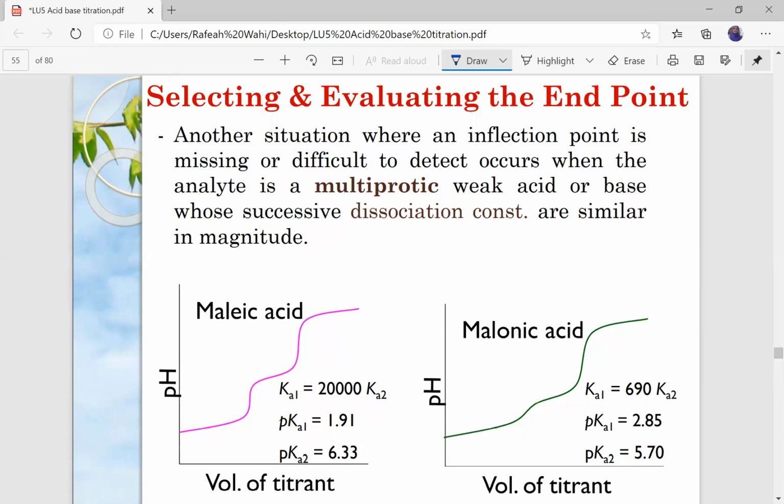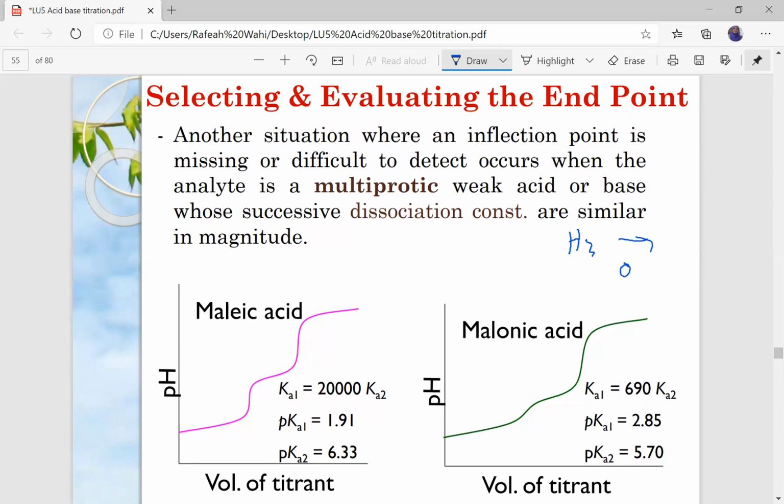For example, if they have 3 protons, they will have 3 inflection points. If they have 2 hydroxide ions, they have 2 inflection points.